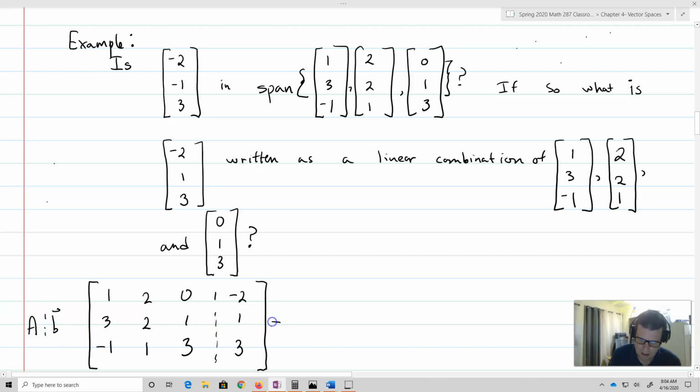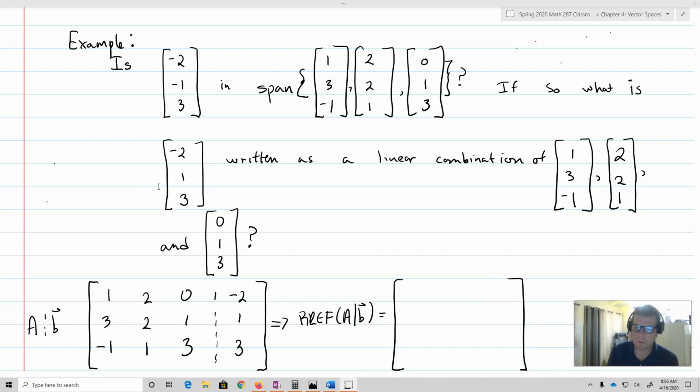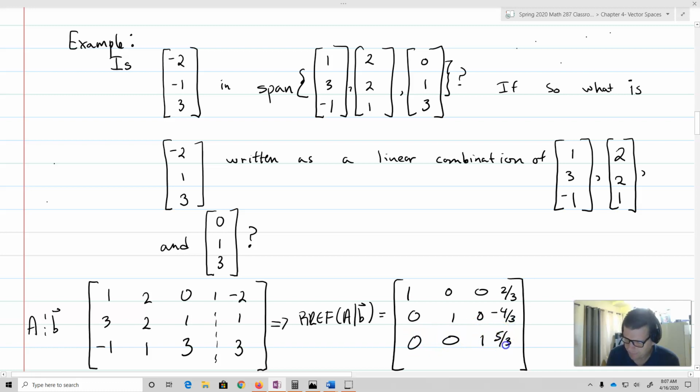I'm going to take the RREF of A augment B. When I row reduce, I get 1, 0, 0, 2/3, 0, 1, 0, -4/3, 0, 0, 1, 5/3.